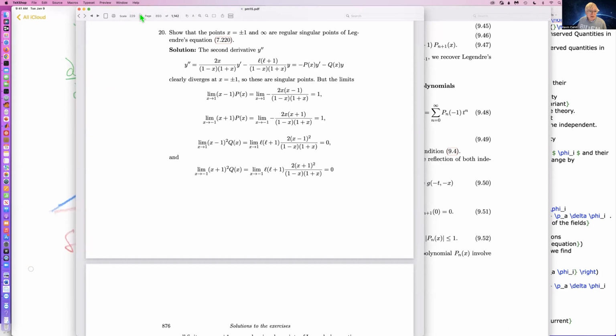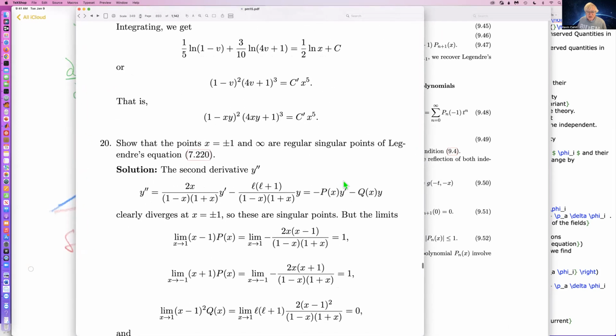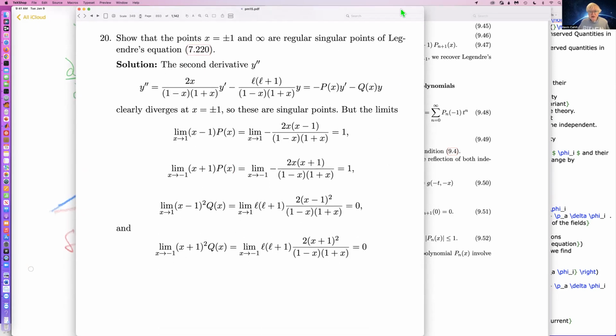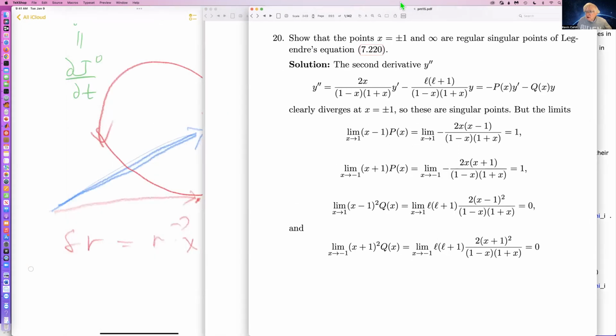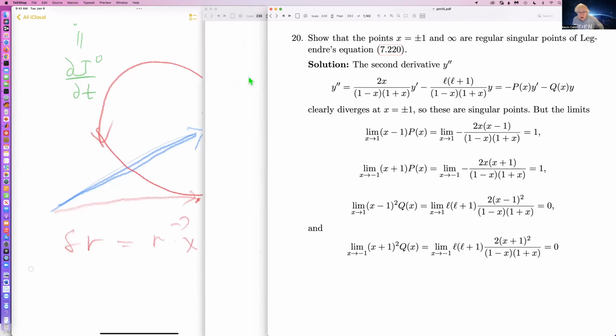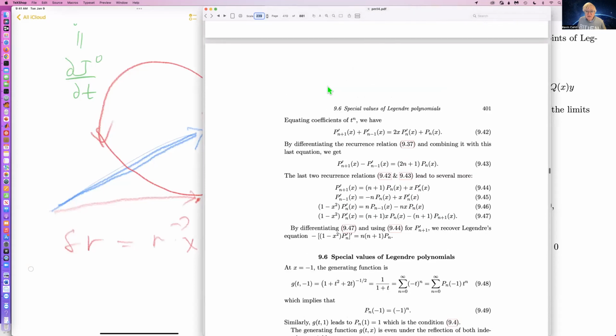And let me make it bigger. So I think I may have said something about this yesterday, but in any event, let's just go through it. Show that the points x equals plus or minus 1 and infinity are regular singular points of Legendre's equation. Well, Legendre's equation is the one we've been looking at several times.